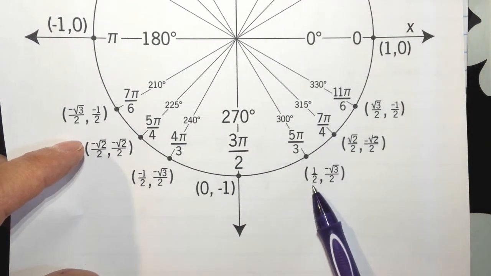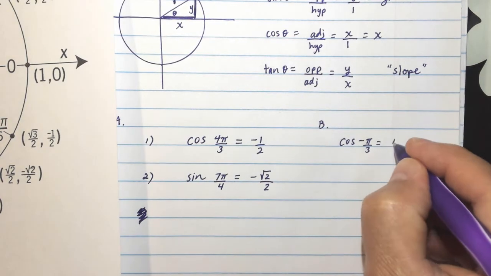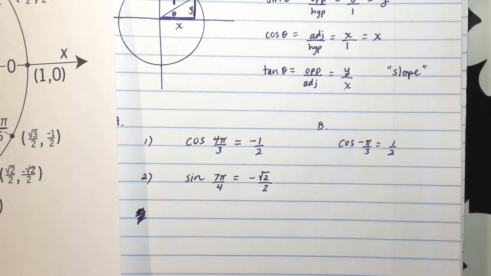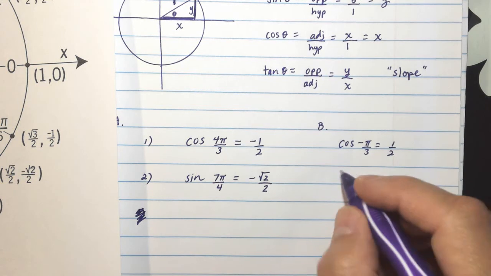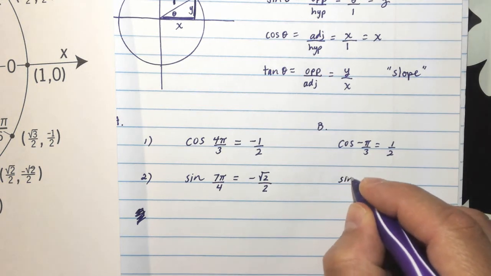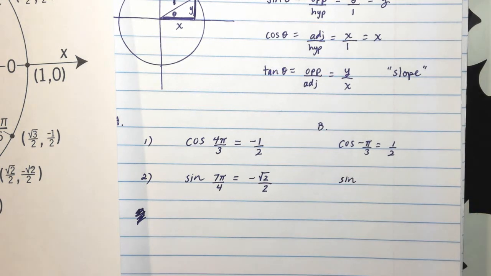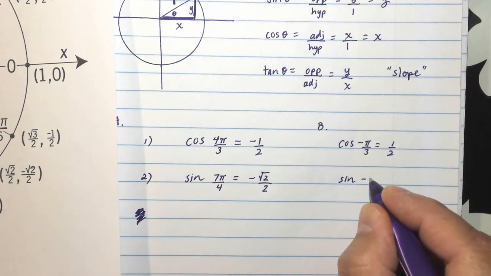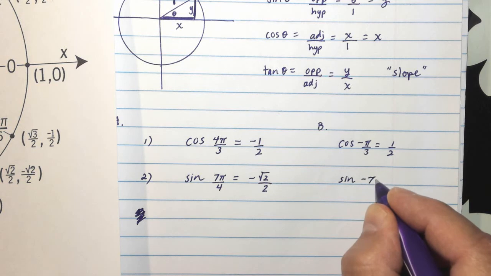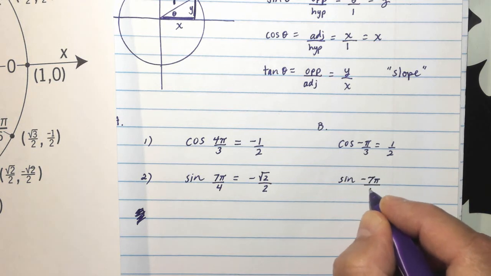Cosine is the x value. Bam! 1/2. And let's do a sine. Let's do sine of negative 7 pi fourths.